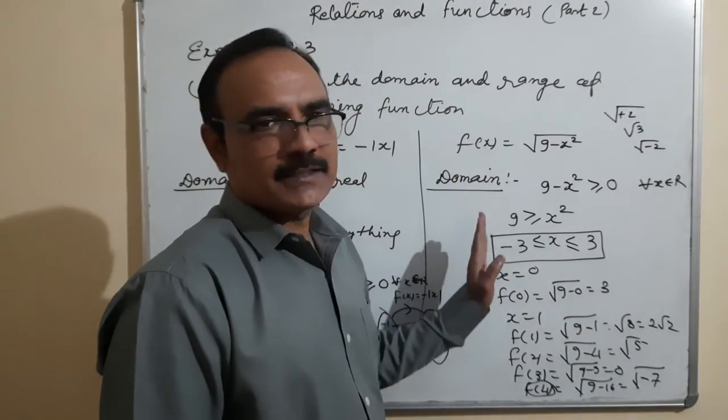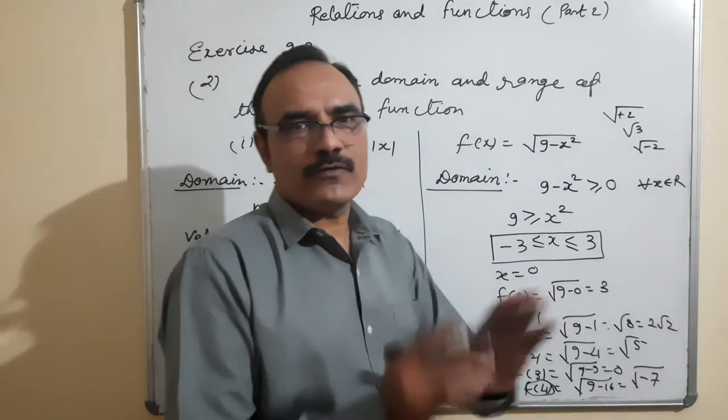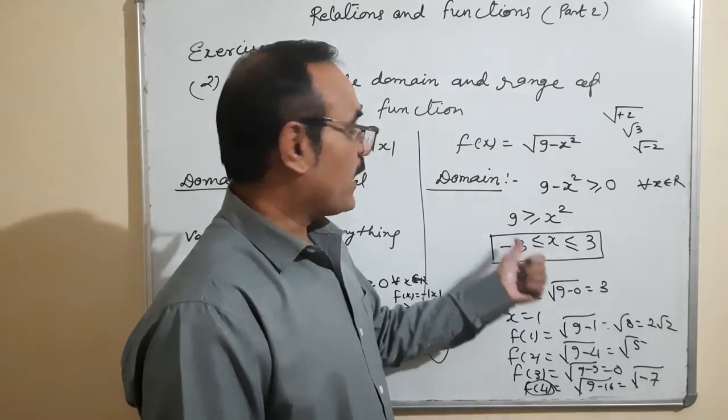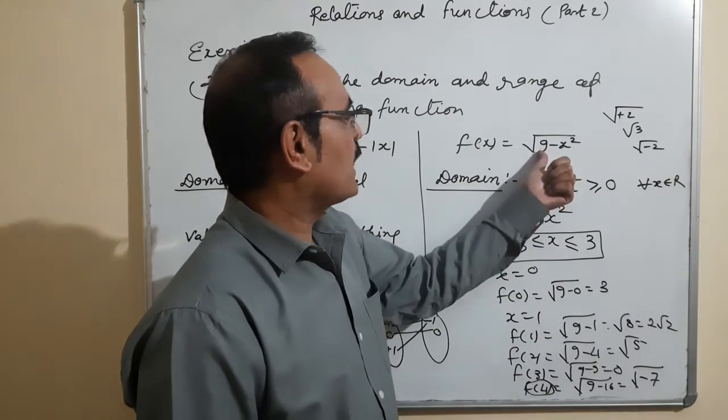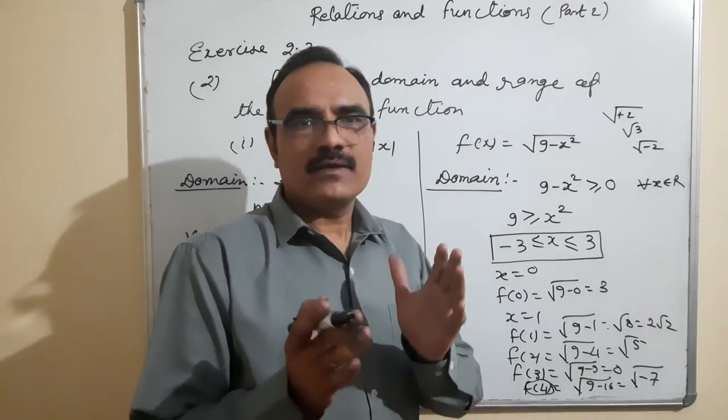Now I'll go to the back side: minus 1, minus 2, minus 3. Because the whole is squared, the minus has no effect. Minus 2 squared is 4, minus 3 squared is 9. If you put minus 4, 9 minus 16, minus 7 is coming. So what does it mean?